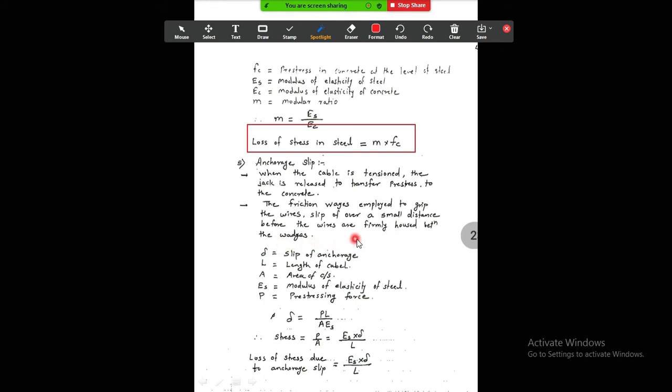While fixing the wire to the wedges, some prestress gets lost, and this is called the loss of prestress due to anchorage. The formula for this is given over here.